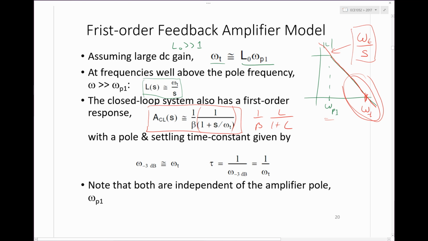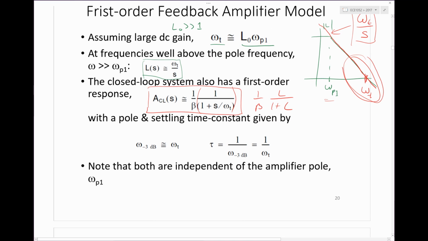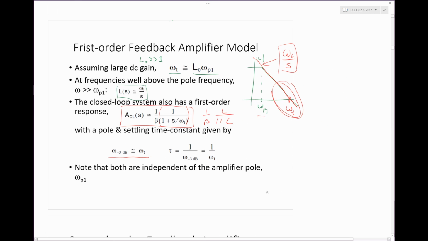Basically what it shows is that for the first order feedback system, you've got a closed loop response that's also first order, where the 3 dB bandwidth of the closed loop amplifier is equal to the unity gain bandwidth of the loop. I'll just write it for emphasis, not the pole omega p1, obviously.